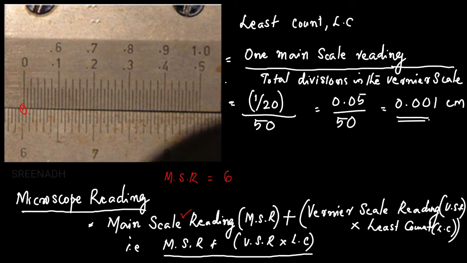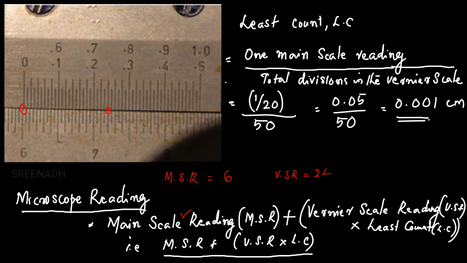In this case, MSR is equal to 6 and VSR is around 24. As we can see in the figure, the 24th division line coincides with the main scale line. So VSR is equal to 24.